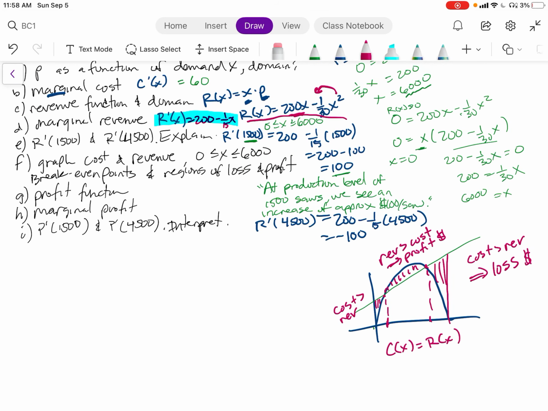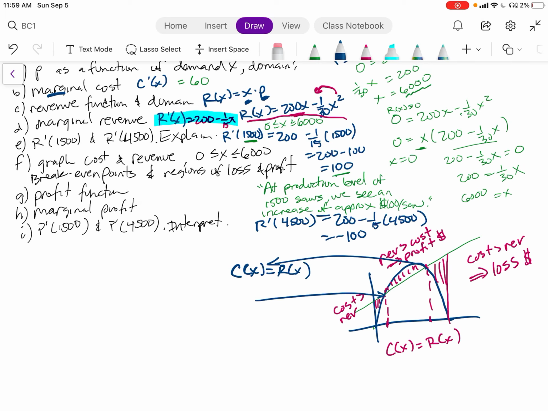So on the graph, right, I can't draw in GeoGebra for this video, but I explained where those regions of profit and loss are. The break-even points, as we said, there were 2. Again, that's where the cost equals the revenue, and that happened at 2 points.